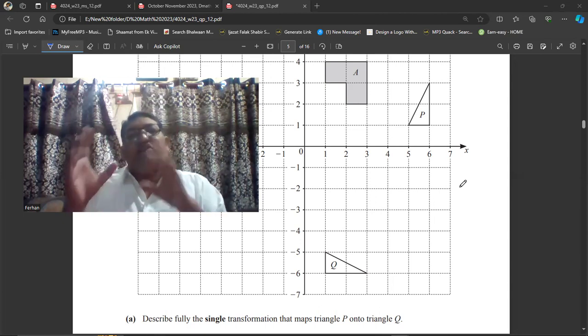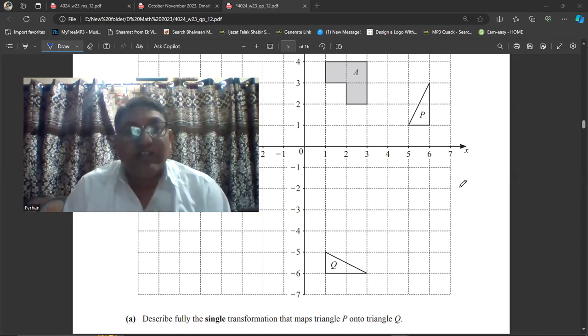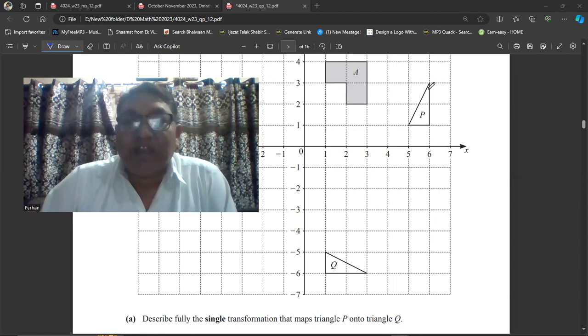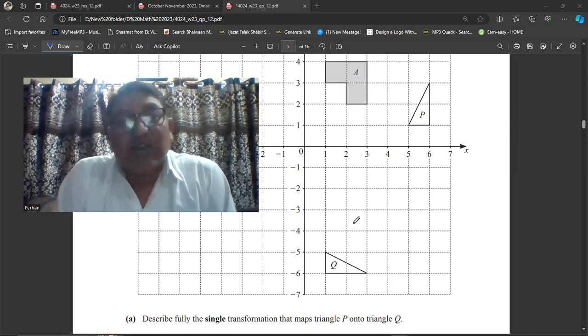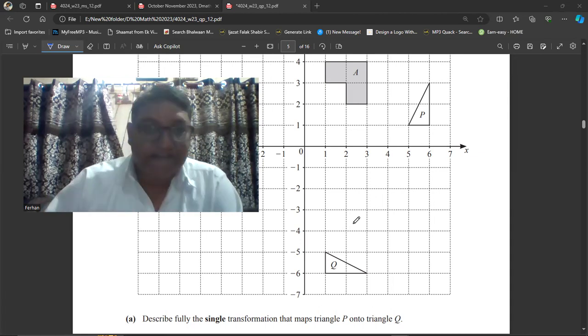Then join B with B prime and draw its perpendicular bisector. Where those perpendicular bisectors intersect each other, that will be your center of rotation.